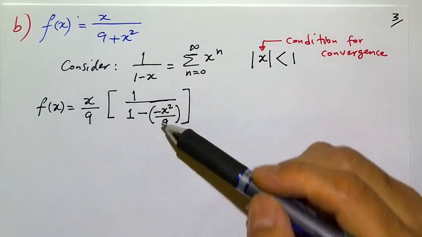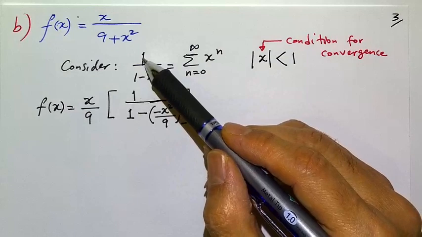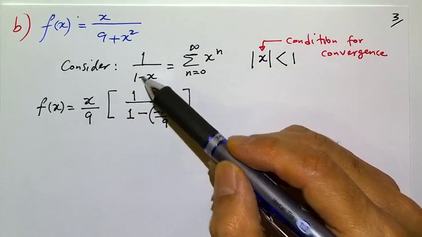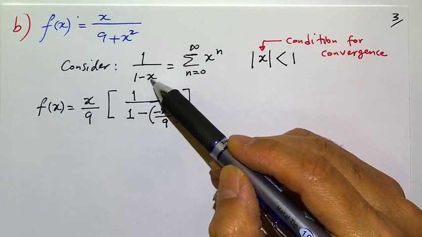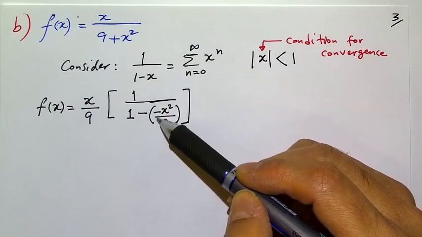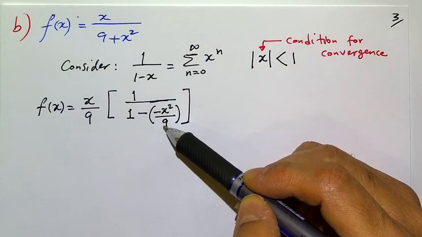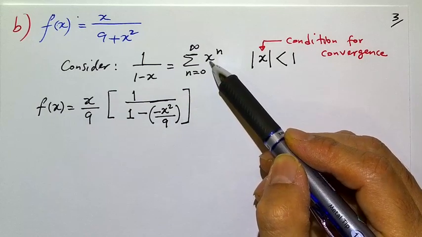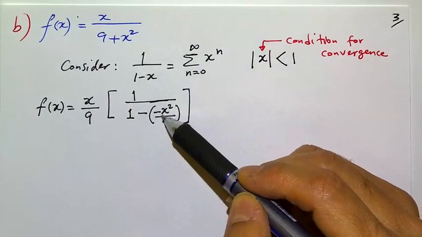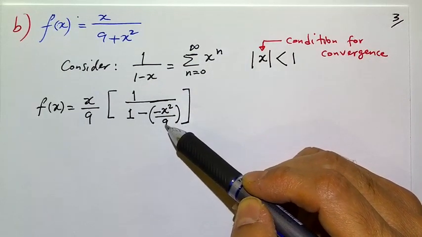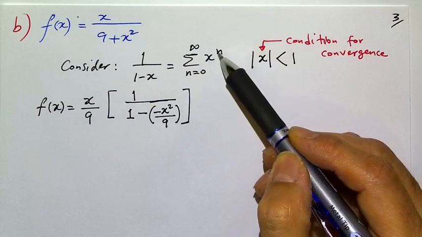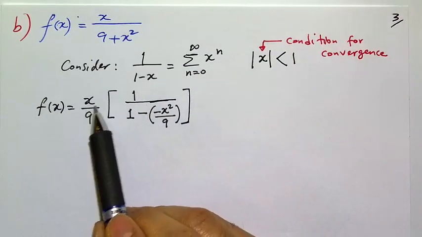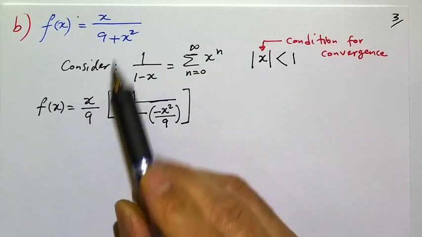Okay, so now we have 1 in the numerator here, 1 in the numerator here, 1 here, 1 here, minus. But instead of x, we have minus x squared over 9, which is fine. So we're going to replace this x in the power series for this function with minus x squared over 9 to n power. Let's not forget, we were able to get this format because we factored out x over 9 from this.